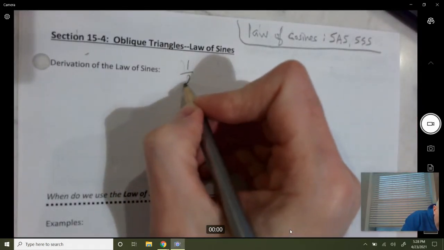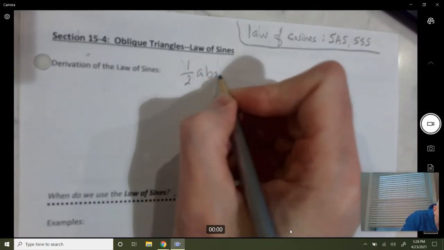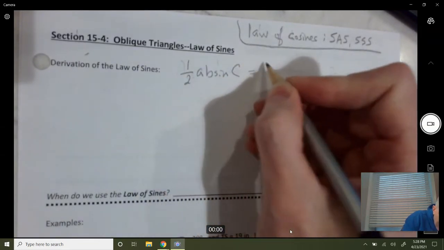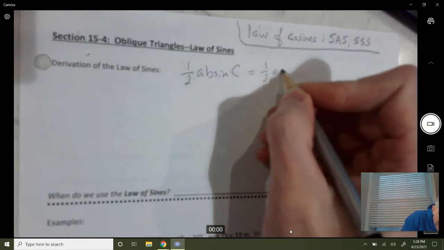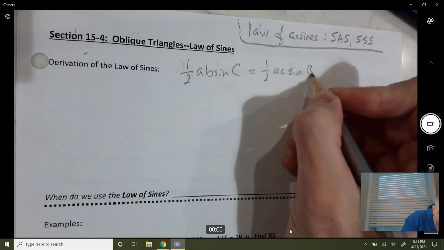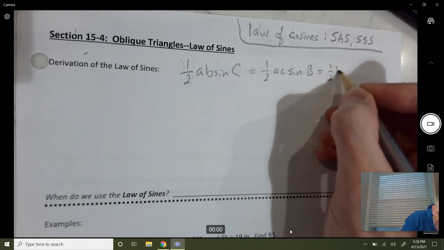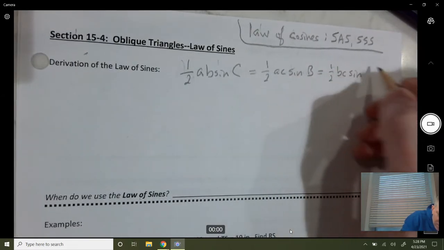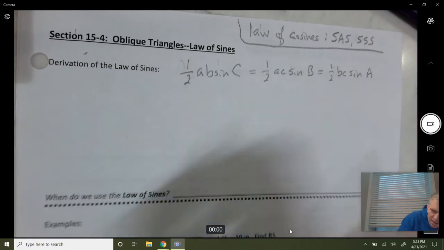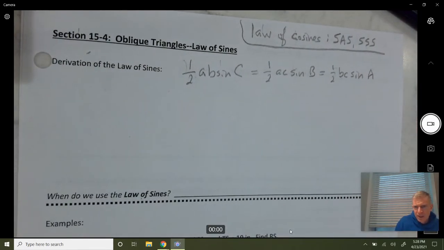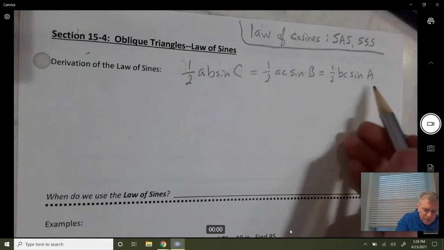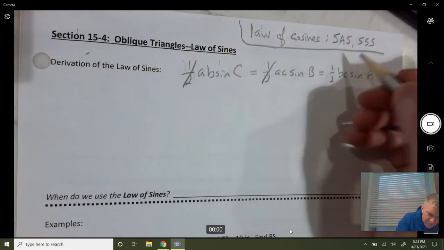Okay, so 1/2 AB sine of angle C equals 1/2 AC sine of angle B equals 1/2 BC sine of the angle between B and C, which is angle A. Okay, I'm going to divide all three of these equations by 1/2.